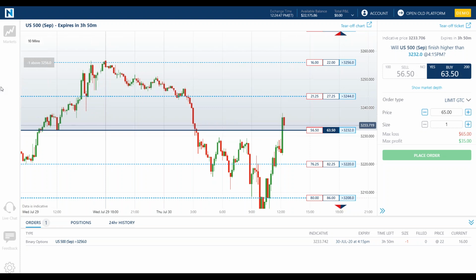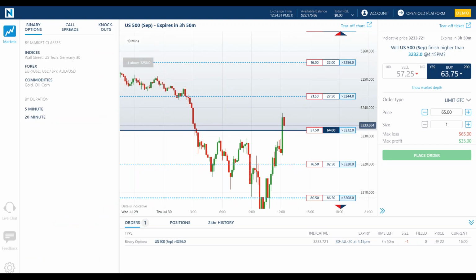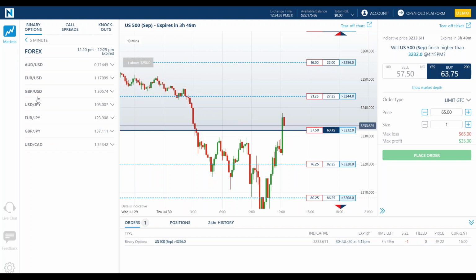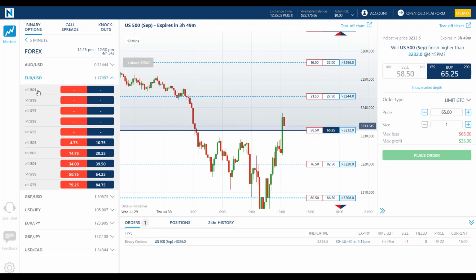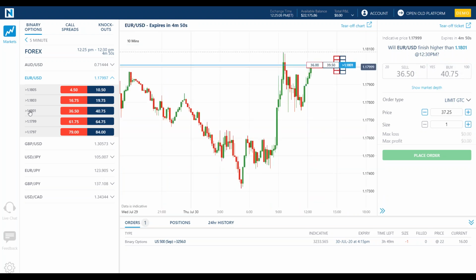Now, I told you I was going to do a 5-minute one. Right now the probabilities are moving pretty quickly, but because the market is moving around, I'm going to pick the Euro US dollar, and let's just take a quick peek here at a 5-minute contract.